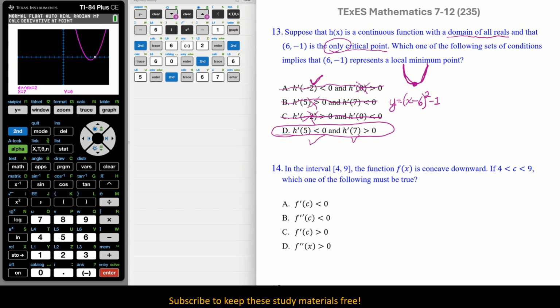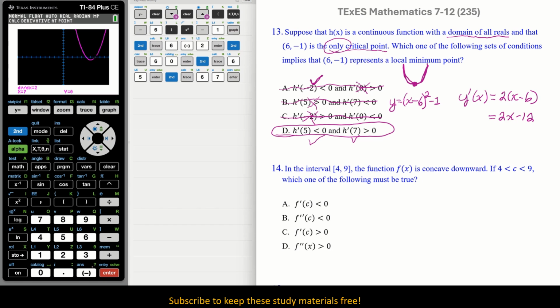Now for y prime, what I got was this. Y prime of x equals, going inside out, 2x minus the 6, and then that would be 2x minus 12.